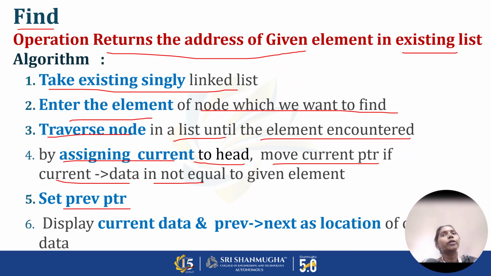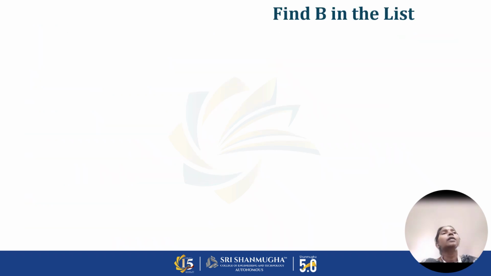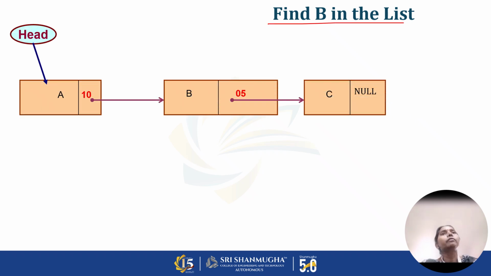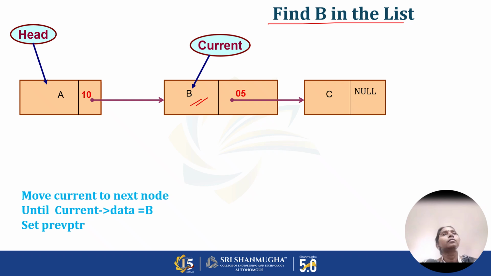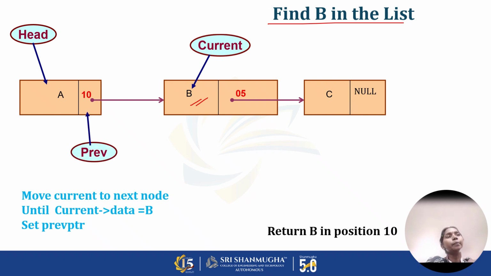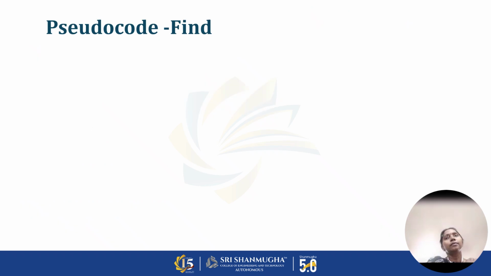Set the previous pointer and next, and display the current data and the location of the current data. Find B in the list. We already have one existing list, and we have to find B. So A is the current node, and B is returned at position 10.